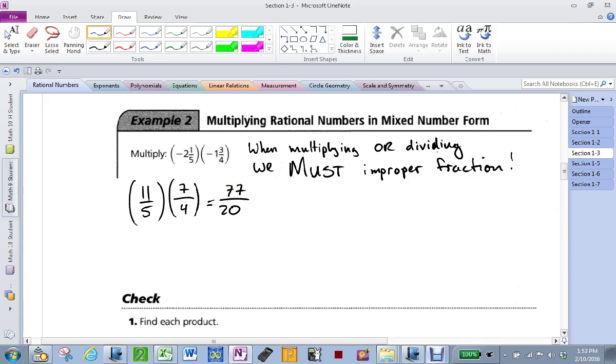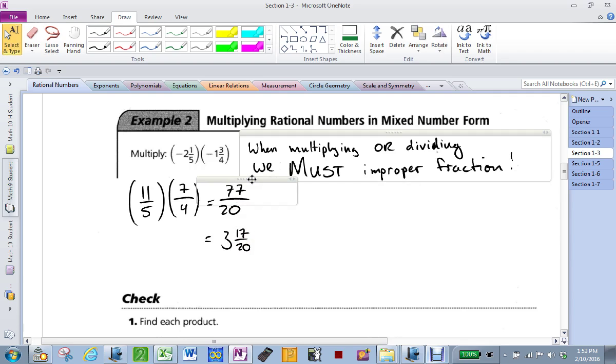But on a multiple choice question, that might not be there. So you better be aware how many 20s fit into 77. 3 with how many left over? 17 20s. So you've got to be aware that those are the same thing. Because on a multiple choice, you've got to find the best answer. Multiple choice isn't find the answer, it's find the best one.